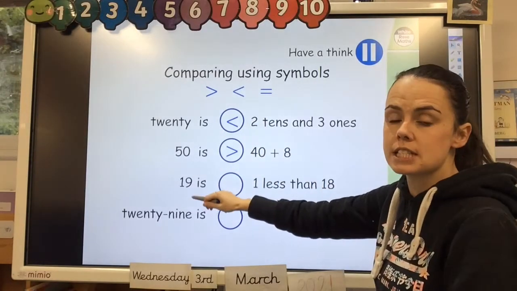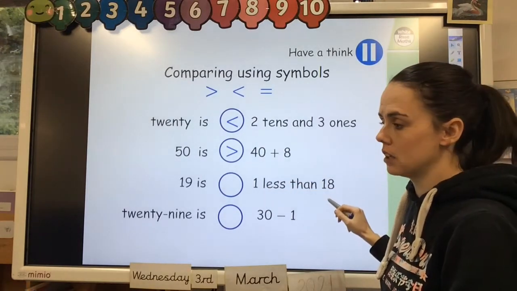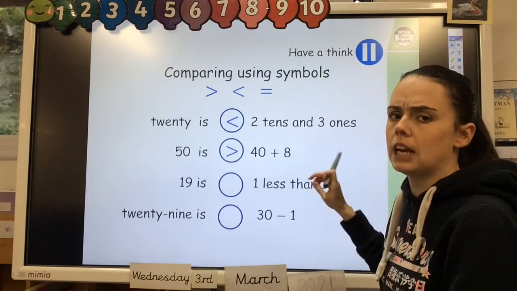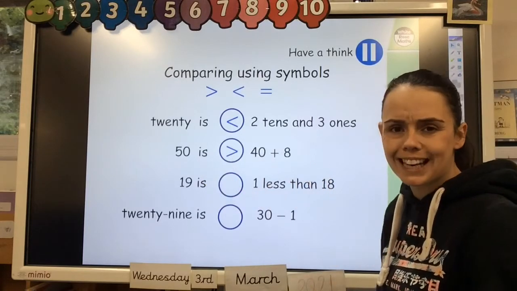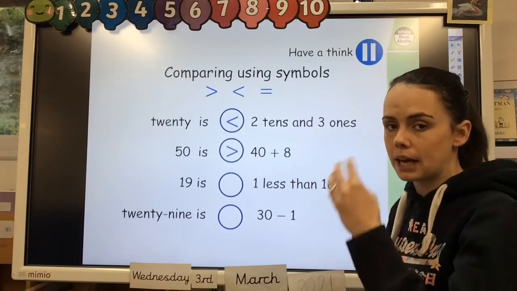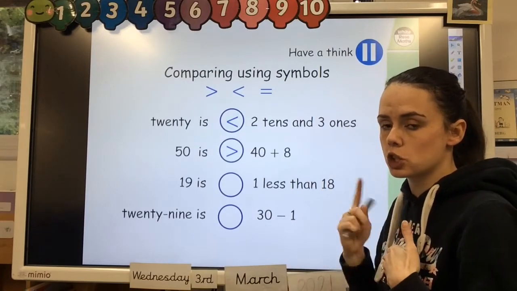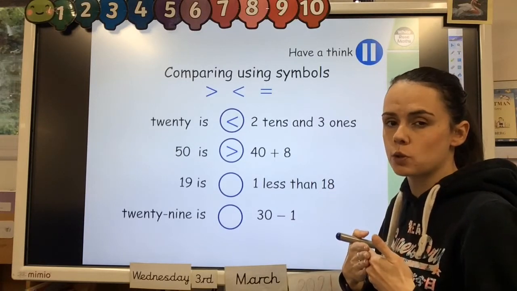Now 19 is something 1 less than 18. Let's work out this side first. So we know 19 is 19. What's 1 less than 18? So we have number 18 and we're counting backwards just 1. You can find it on your number square if you need help.